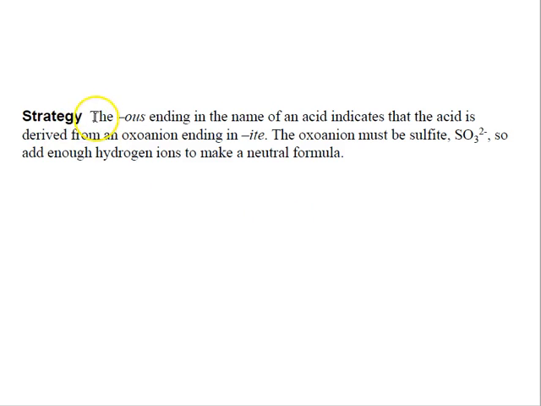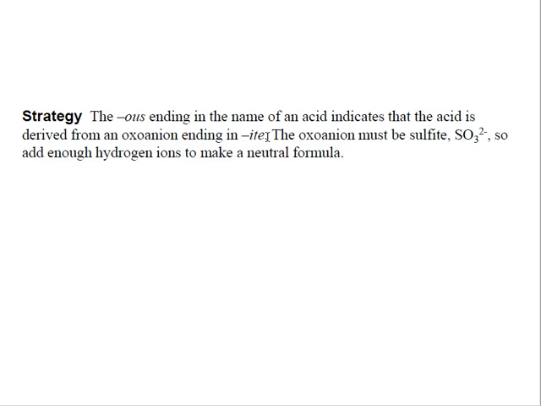So again, the strategy here: the -ous ending in the name of an acid indicates that the acid is derived from an oxoanion ending in -ite. The -ite suffix is the lower versus the -ate suffix, which is the higher.